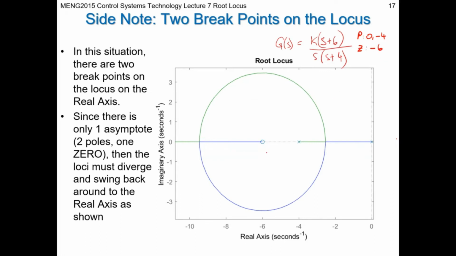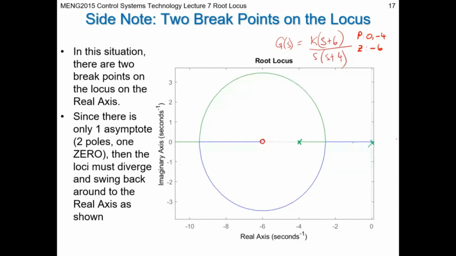So if I plot that as I've done using MATLAB, you'll see there's a pole at 0 on the real axis, a pole at minus 4 on the real axis, and a 0 at minus 6. So we have 2 poles and 1 zero in this case. When we determine how many asymptotes there are, we're going to have 2 poles and 1 zero, so there's going to be 1 asymptote. Right?